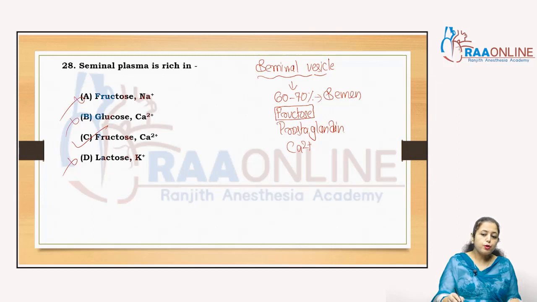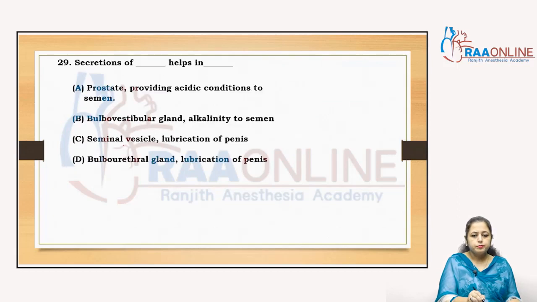That fructose is produced by the seminal vesicle only. That is the only gland which can produce fructose, right? So when the presence of fructose with injuries is there, that is the evidence of a rape case. Clear? So that is all about the seminal vesicle.